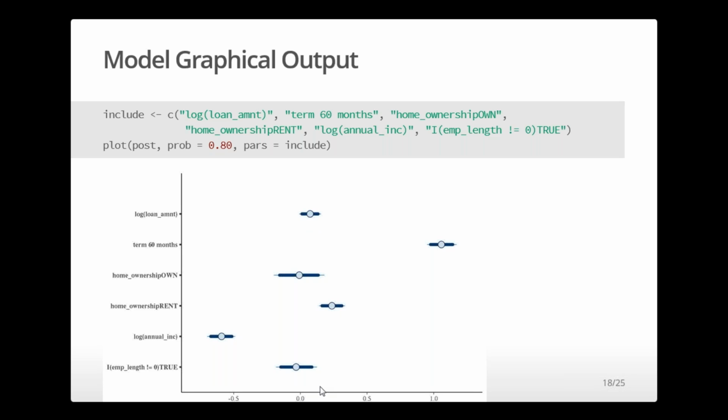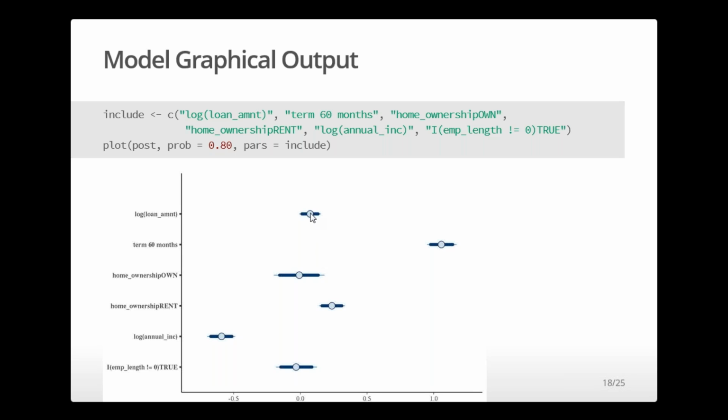And so we, on the basis of this, think there's a high percent probability that the coefficient on the loan amount falls in this positive range on the horizontal axis here. So we're pretty certain that having a larger loan amount increases the probability that the person will have difficulty paying it back.